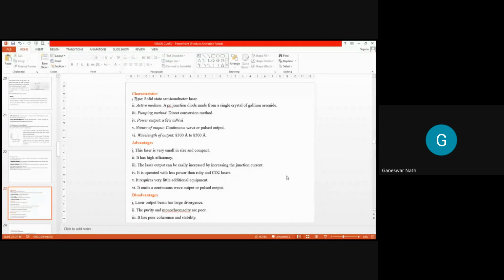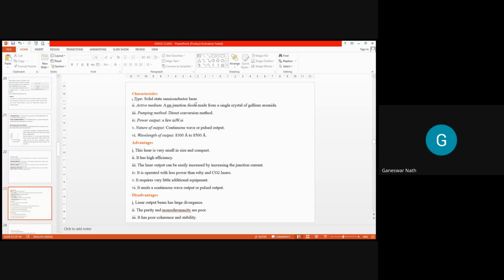When you go for the design of any laser diode, there are some inputs and boundary conditions. The type: for making this laser diode you need a solid state semiconductor laser. All laser diodes are basically solid state semiconductor lasers, because I put gallium arsenide as the intrinsic layer between the p type and n type, and this gallium arsenide produces laser light due to the recombination of electrons and holes inside it.